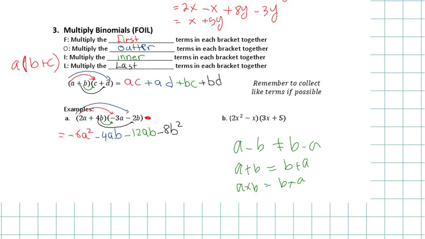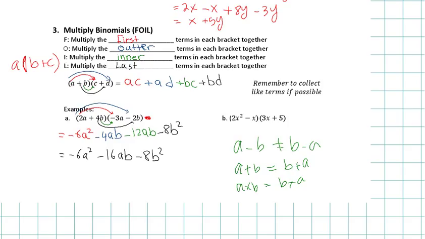Negative 6a squared stays the same. Negative 4ab minus 12ab is negative 16ab. And then minus 8b squared. What I did right now is I multiplied two binomials together. We call this process expanding.